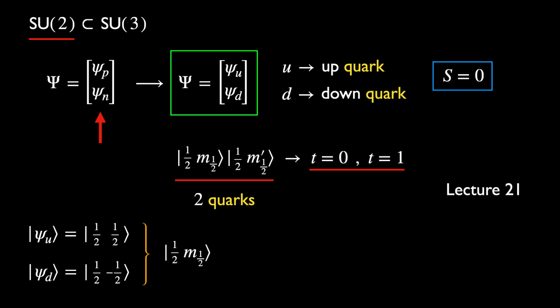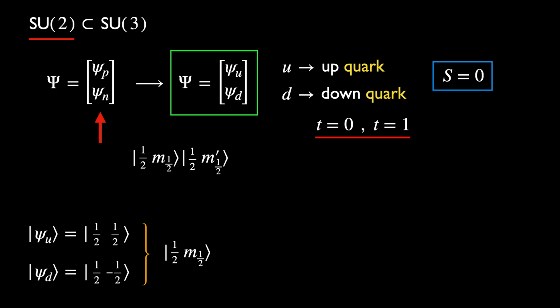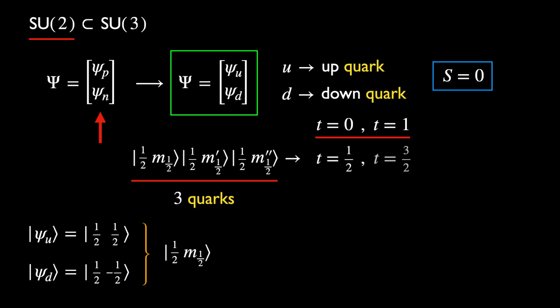As you can see, two quarks could not form an isospin doublet. What about three quarks? Adding another isospin half quark to the previous two gives a t equals half and t equals 3 halves multiplet. And here we have a candidate for the nucleon doublet.